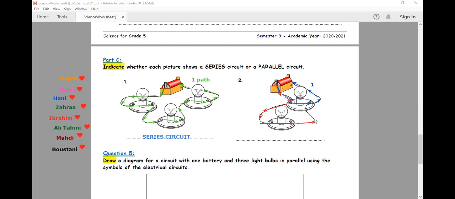They pass through the second light bulb, go to the second path, and back to the battery. This is pathway number 2. So is it a parallel circuit or a series circuit? Parallel circuit. This is a parallel circuit.